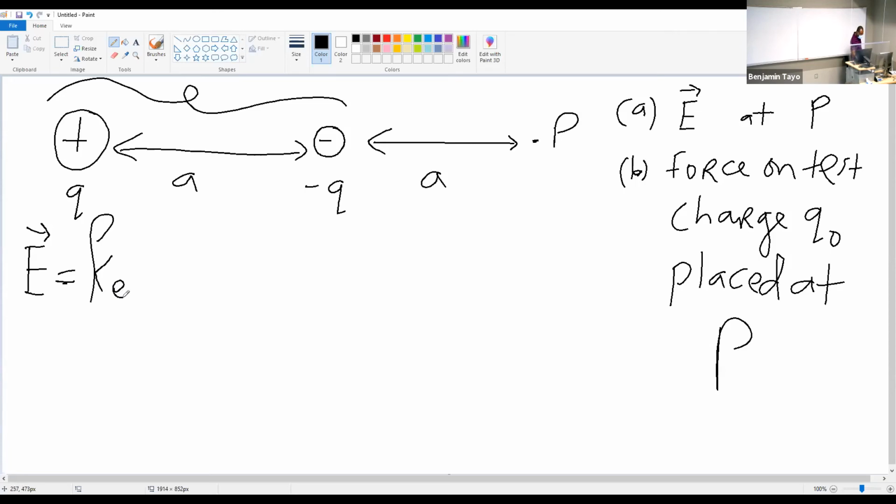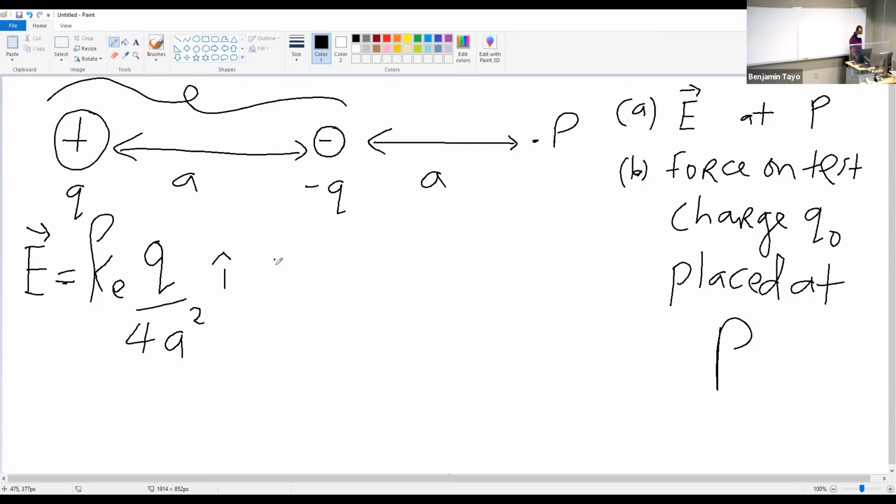So k_e Q, now what is the distance from this positive charge to the point P? It's 2a. So if you square that, you get 4. And this would be in the i direction.